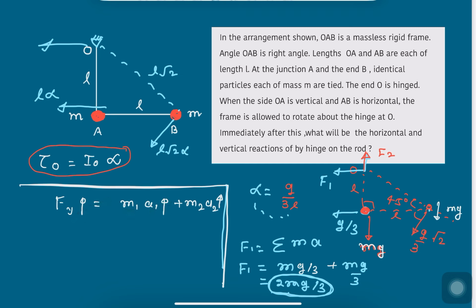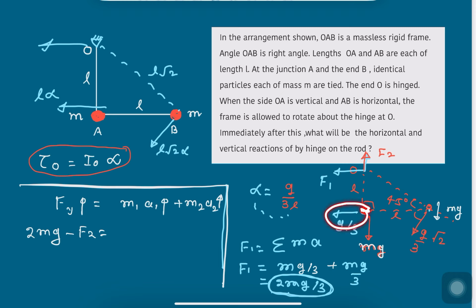So for the vertical force we have F2 upward, 2mg downward. Let us apply Newton's second law in the downward direction, since there are accelerations in the downward direction. Newton's second law: 2mg minus F2 is the net downward force on the system. And what is the acceleration of the first particle downward?